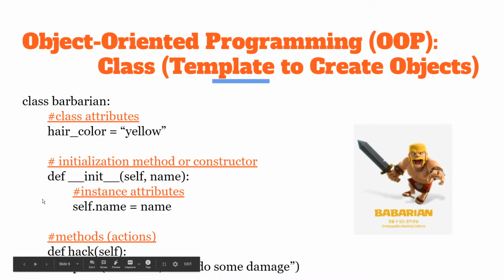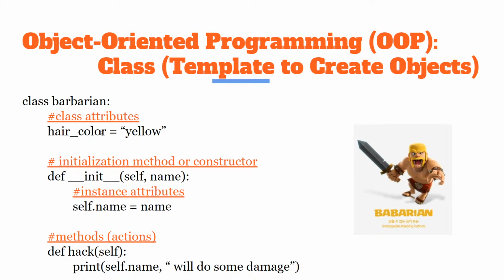Now you're like, what in the world is this? What does init mean? Well, init is short for initialization, and essentially this initializes the constructor. This constructor takes the parameters of your objects and assigns them to certain attributes, right?